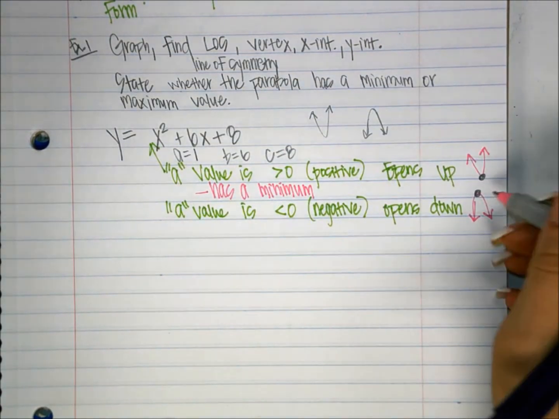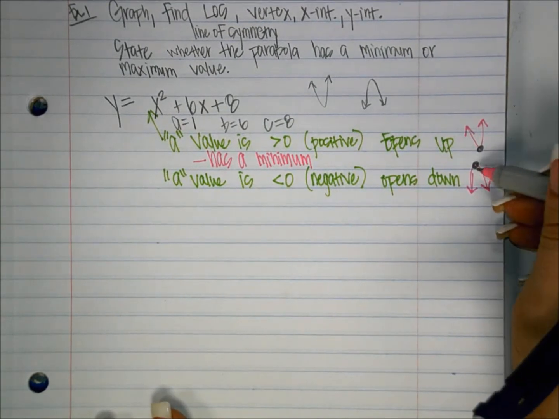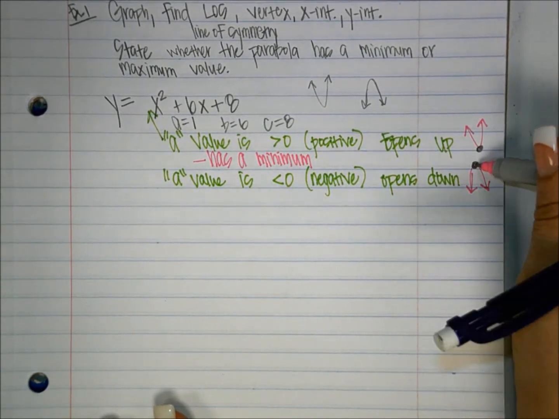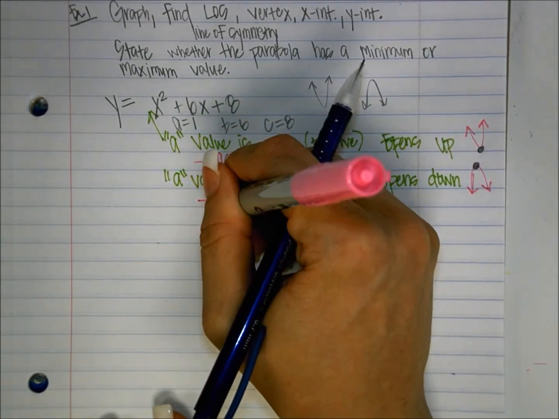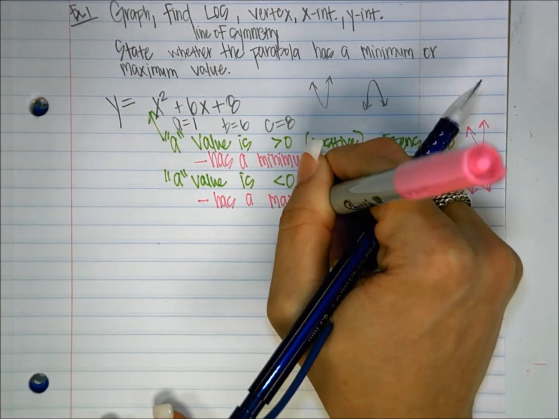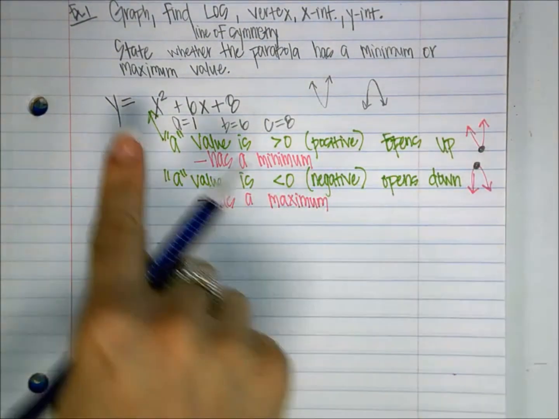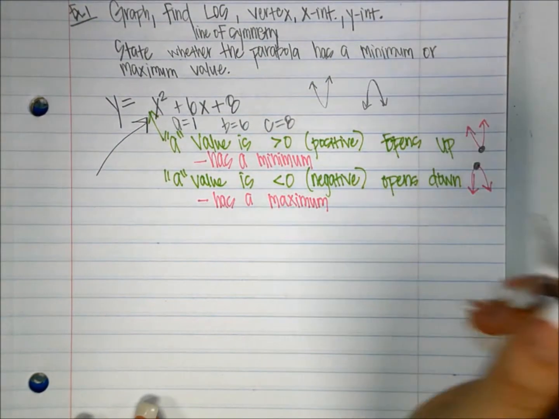If you have something that has a top value here, do you think this is a maximum or minimum point? That is a maximum. So an a value that is negative has a maximum. So, for this equation, does this have a minimum or a maximum?